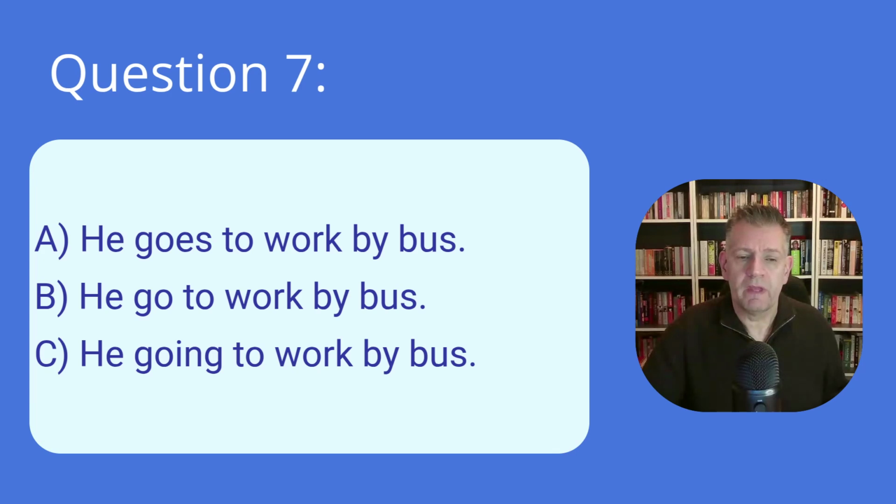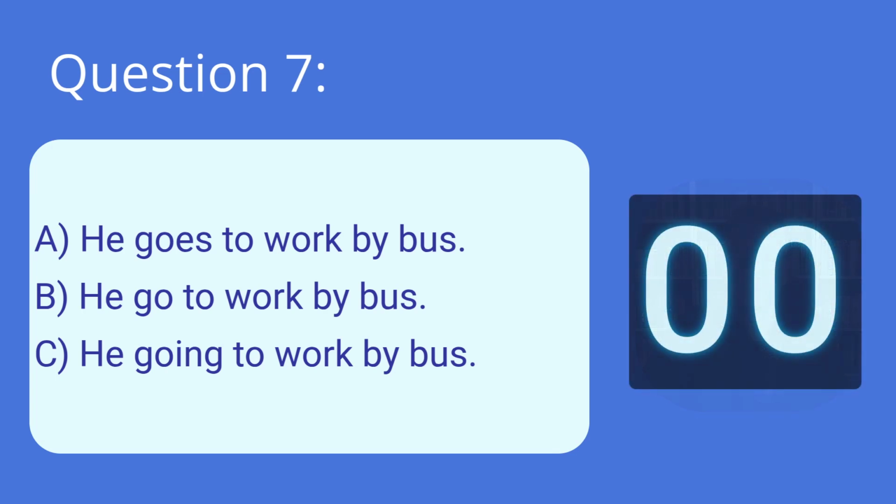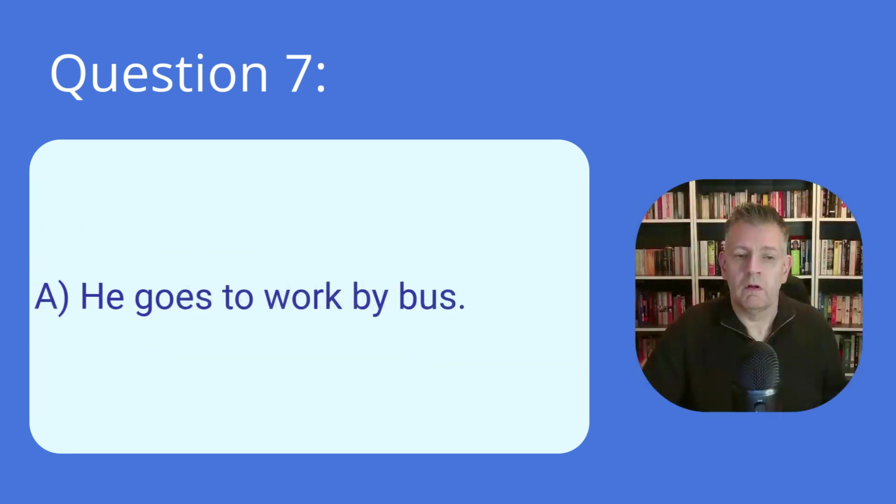Question 7. A, he goes to work by bus. B, he go to work by bus. C, he going to work by bus. The answer is A, he goes to work by bus.